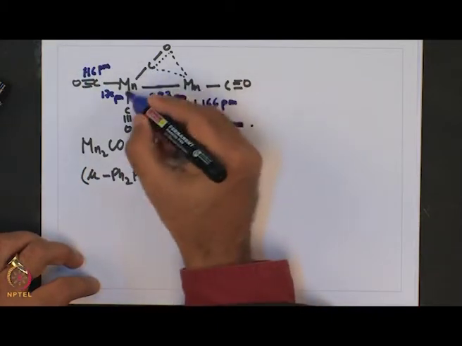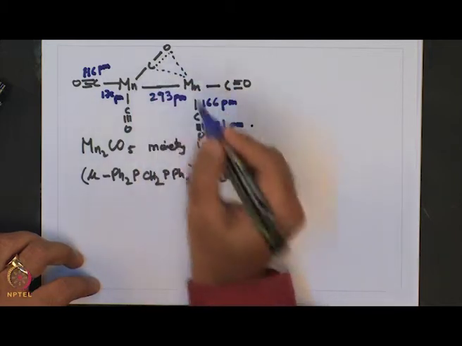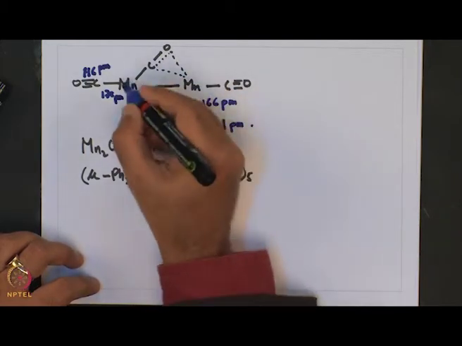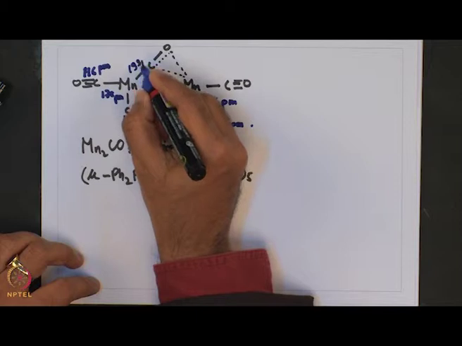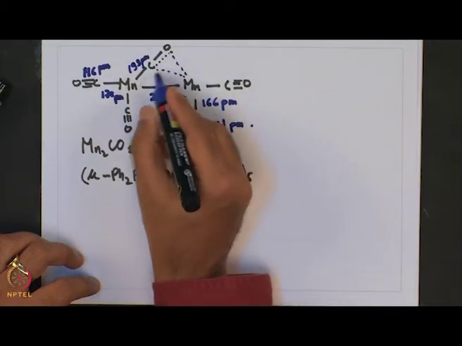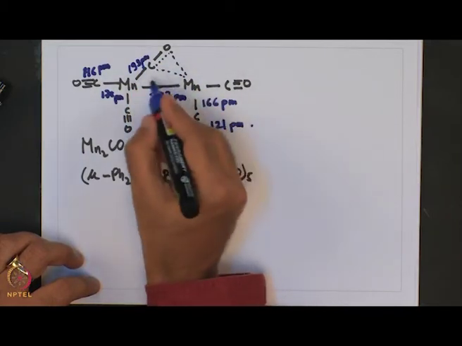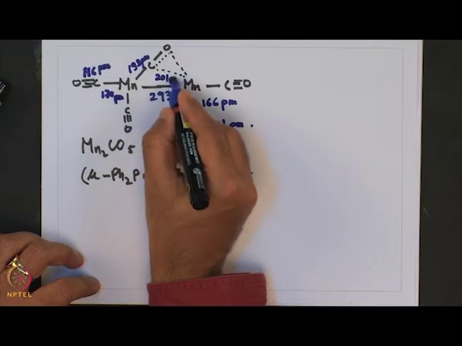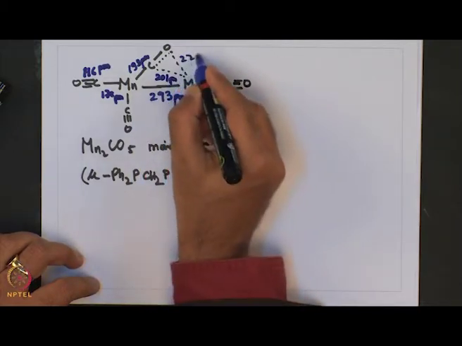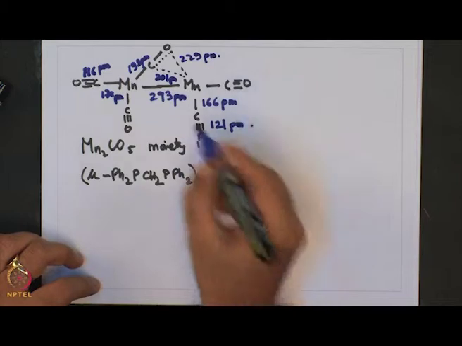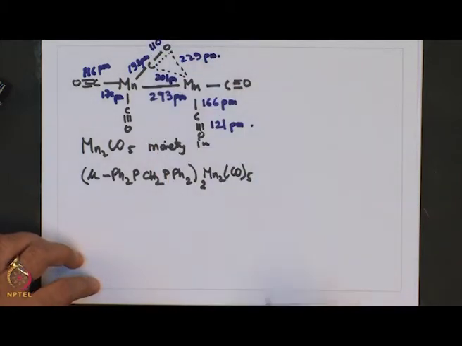Now, this is a bridging carbonyl. So, this has a greater manganese-carbon distance of 193 picometer, and the pi interaction is 201 picometer and 229 picometer, and this CO is 110 picometer.